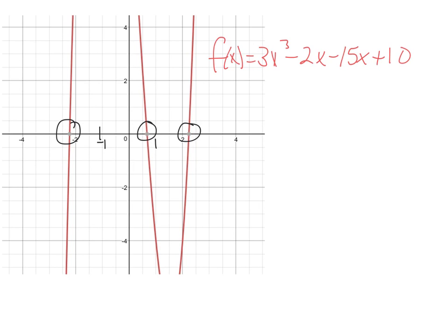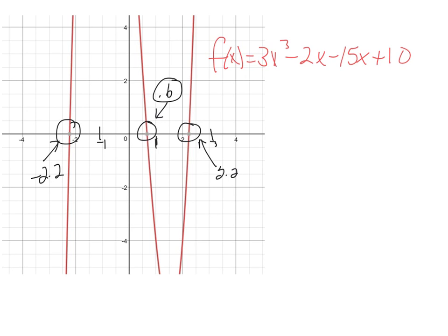So each of these are 0.5. So this is somewhere around negative 2.2-ish. This one here is somewhere around positive 2.2, because this is 3 there. And this root here appears to be somewhere between a half and 1, so this could be around 0.6.